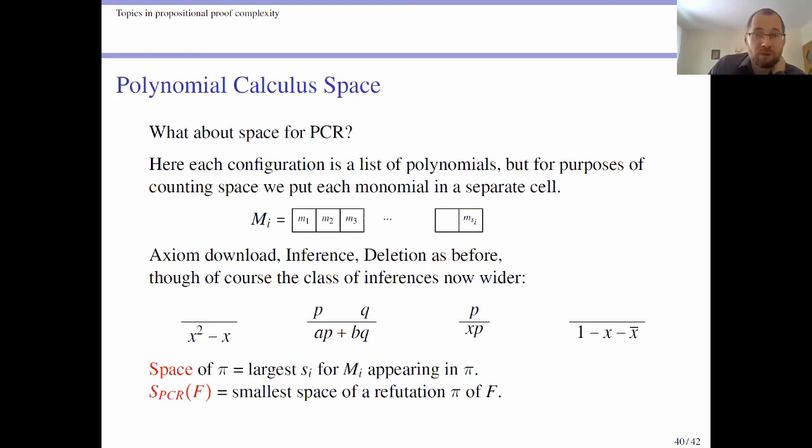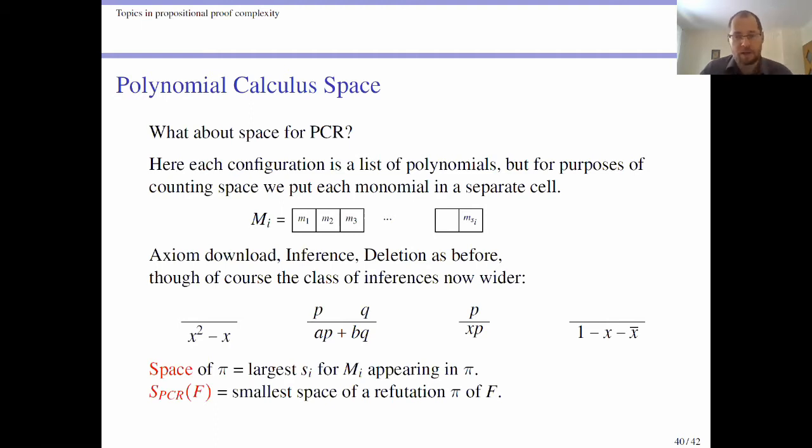It gives meaningful lower bounds as opposed to just counting the polynomials, but it is weak enough that you can get some lower bounds, and it's easier to work with than just counting the symbols. So we'll count how large blackboard space is being used by counting how many monomials there are in total in the polynomials written on the board at any given point.